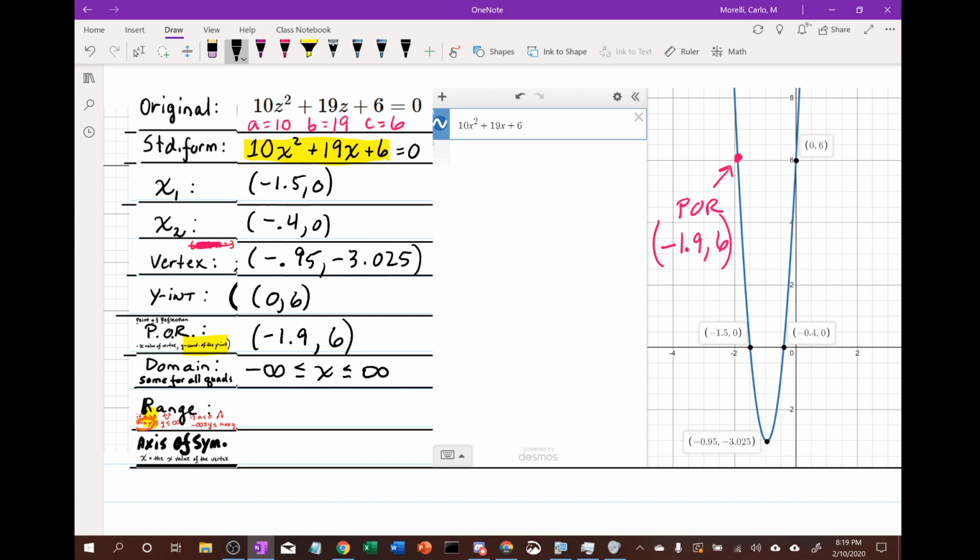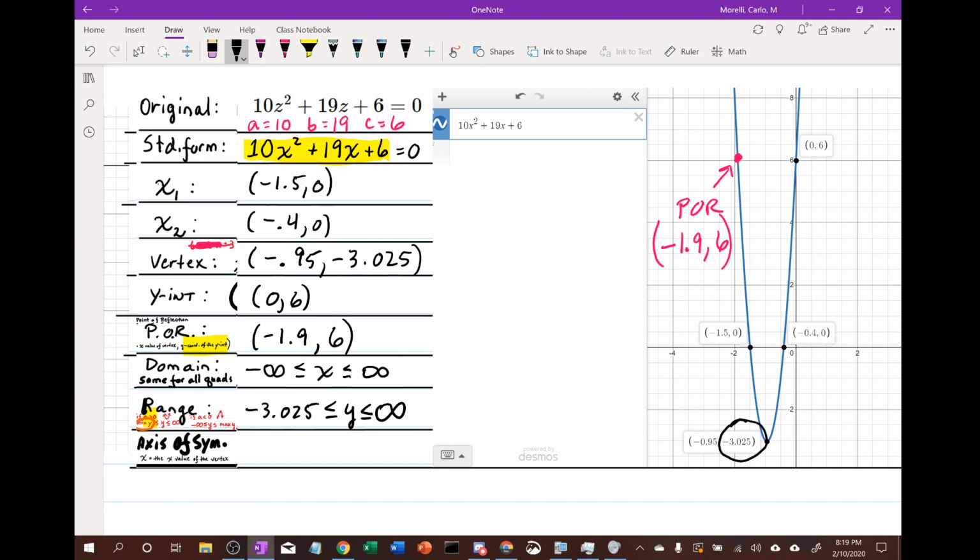And what is the range? Remember, we're going to use the y value of the vertex as the bottom of our range. Okay, negative 3.025 less than or equal to y less than or equal to infinity.